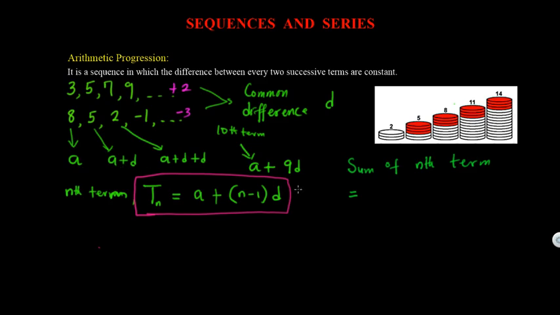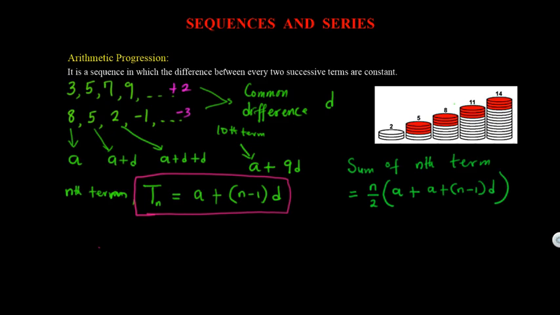So this is the number of terms. We get that by saying n divided by 2, open bracket, the first term plus this formula of nth term, which is A plus n minus 1, close bracket, multiplied by D, close it with a bigger bracket.